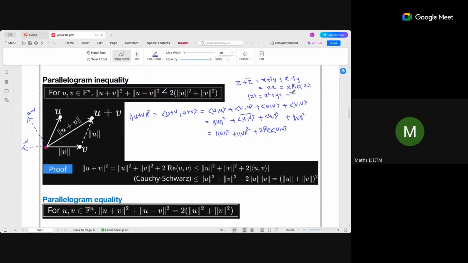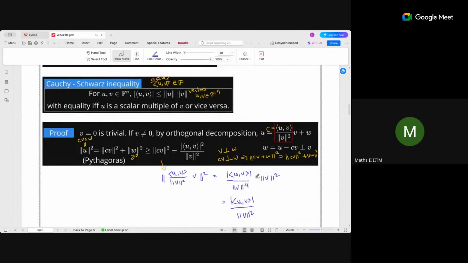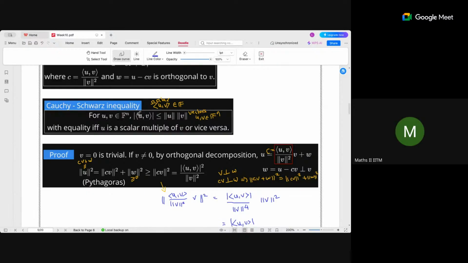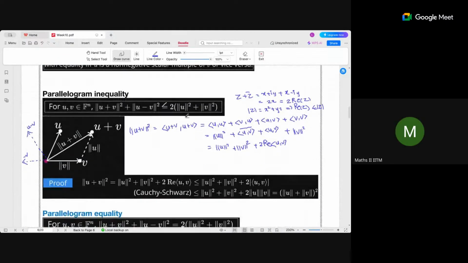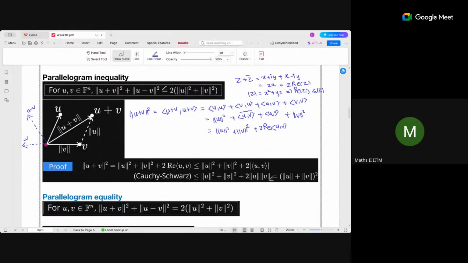So real part of z is less than or equal to mod z, and the same thing you are applying here. Real part of inner product u comma v is less than or equal to the modulus of this value. And then again the Cauchy-Schwarz inequality you can apply. Cauchy-Schwarz says that modulus of inner product u comma v is less than or equal to norm u times norm v. So you apply this property here, and then you know that this is norm u plus norm v whole square. Okay, so this is one part.